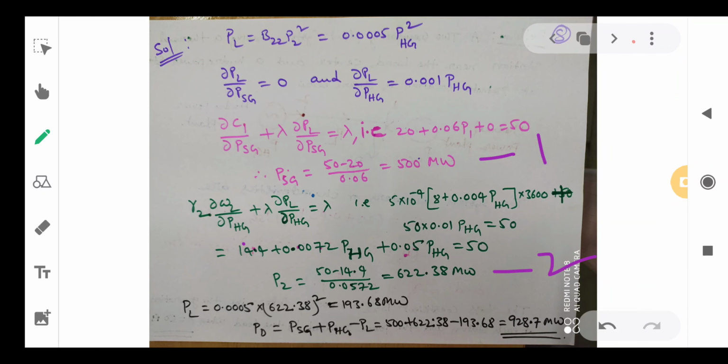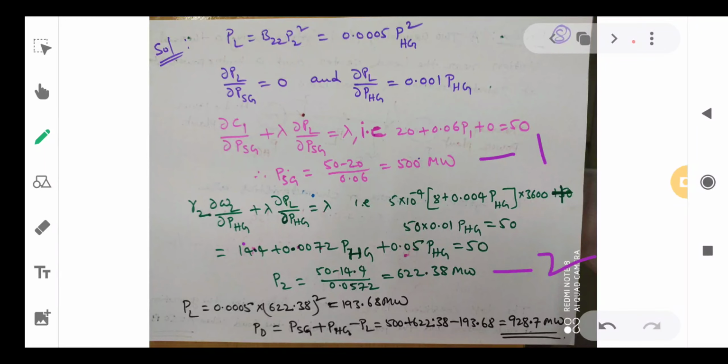So therefore 0.0005 PHG square. Therefore dou PL by dou PSG equal to 0 and dou PL by dou PHG equal to 0.001 PHG, that is 2 into 0.0005 PHG.